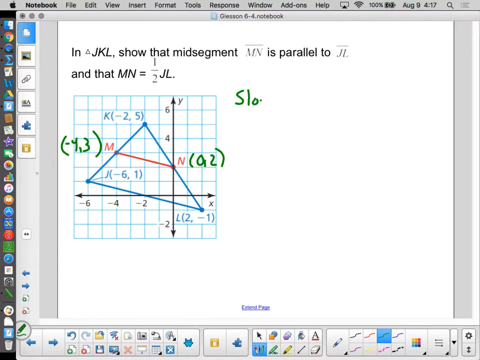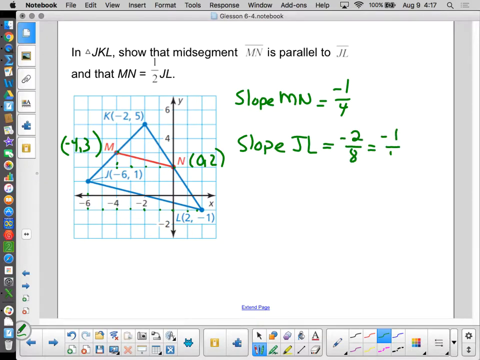Slope of MN is down 1 and right 1, 2, 3, 4. Slope of JL is down 2, right 1, 2, 3, 4, 5, 6, 7, 8, which equals -1/4. I've just proven those are parallel.